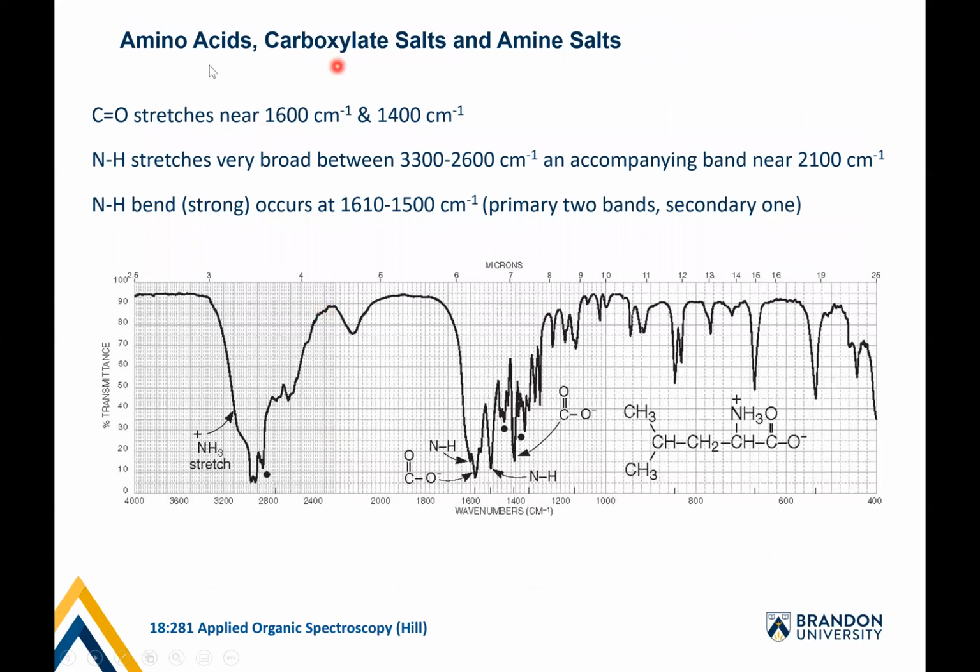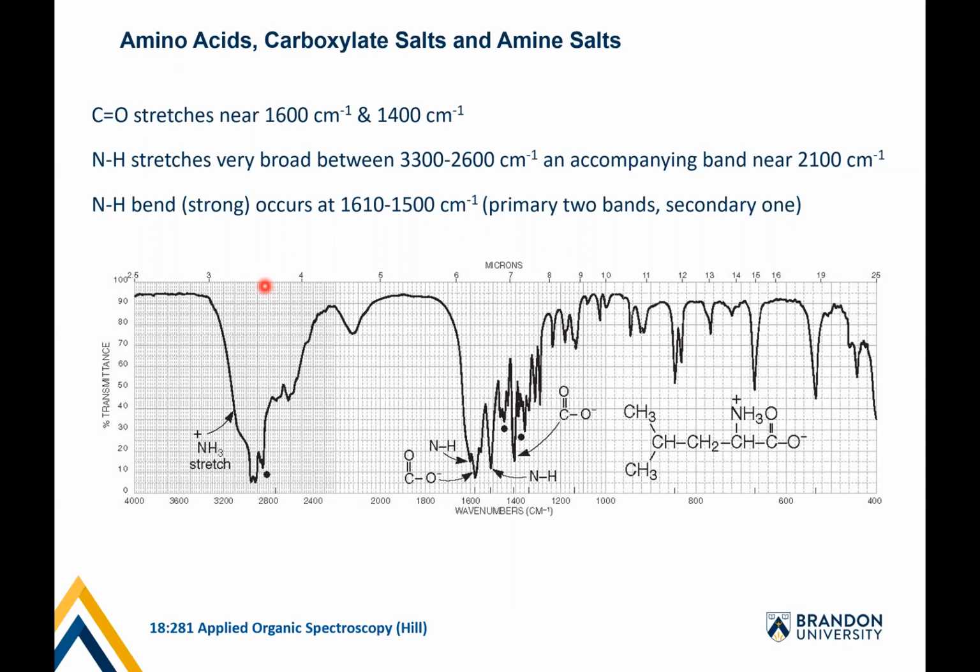Amino acids, carboxylate salts, and amine salts. If you do any work with amino acids and you get an infrared spectrum, they are pretty messy, I should say, because they've got all of the functional groups that make big, broad absorptions.